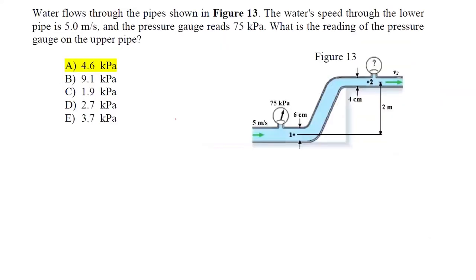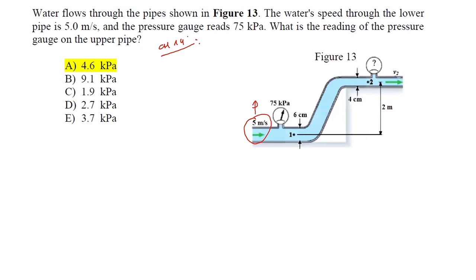Now let's go to chapter 14. So what do we have here? We have water flowing through the pipes shown in the figure here, figure 13. The water speed through the lower pipe is 5 meters per second. Here you can see it, 5 meters per second. And the pressure that I read here, P1, is 75 kilopascal. In reality, I'm giving you the gauge pressure.